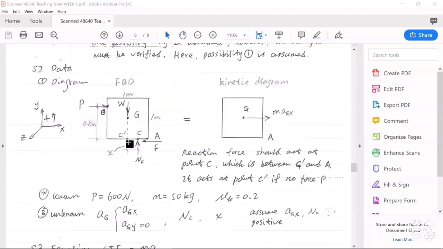Okay, now a question. Why should this reaction force NC be here at C, but not in the middle?